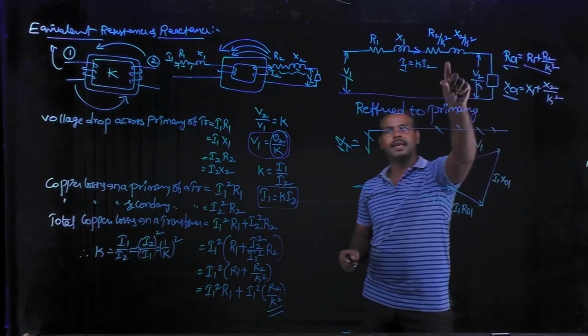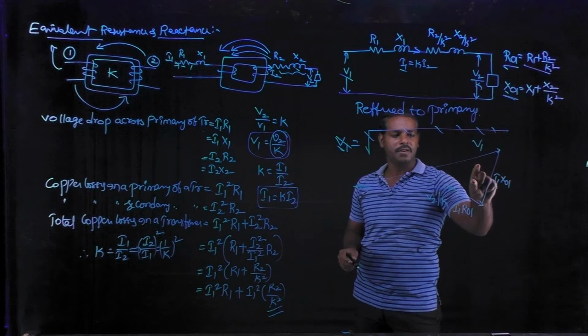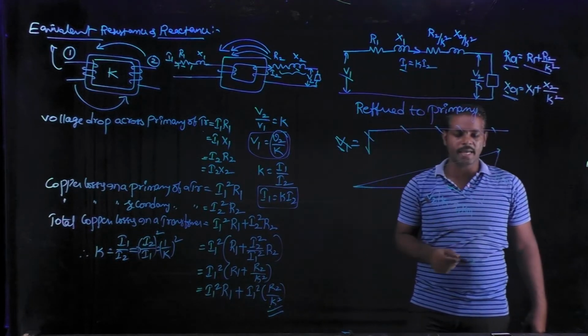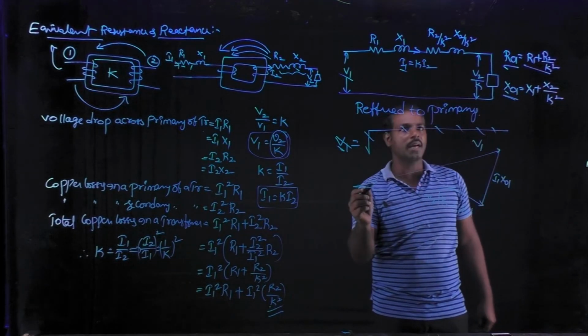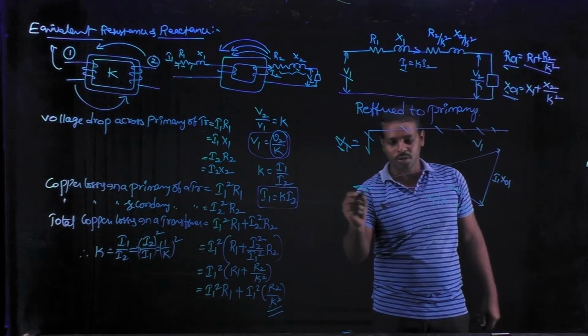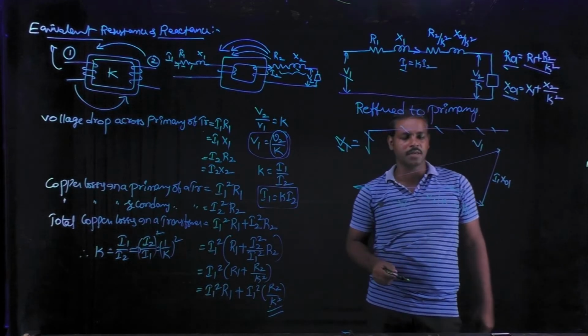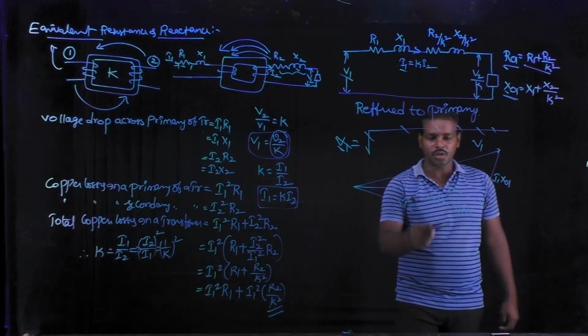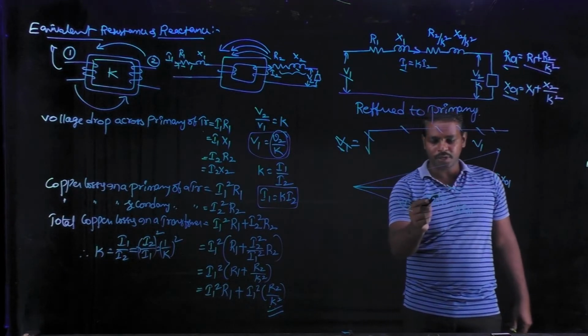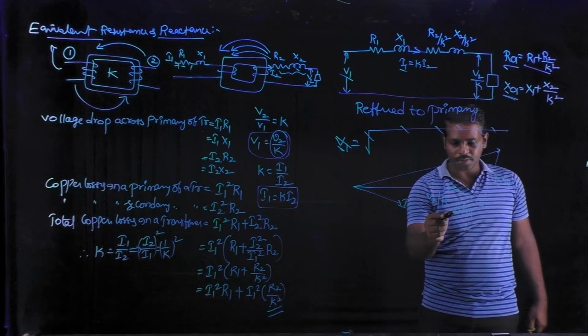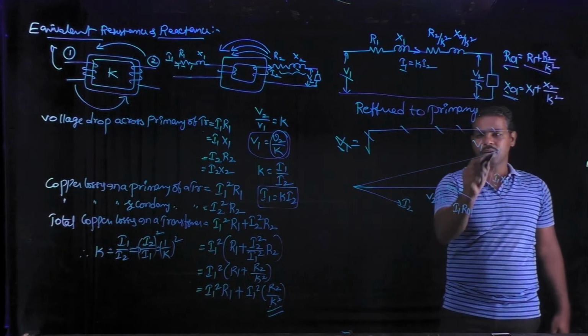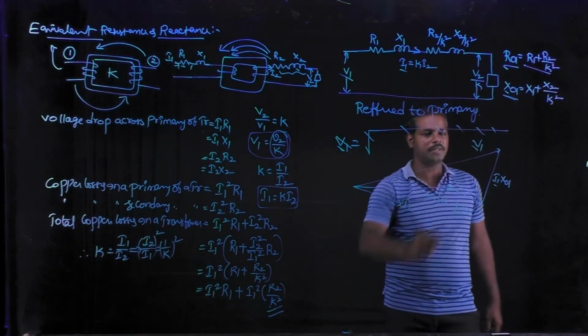So this entire circuit is to be simplified into a phasor diagram. The load current is I2, and V2 divided by K is to be added with I1 R01 and I1 X01. The resultant value is V1.